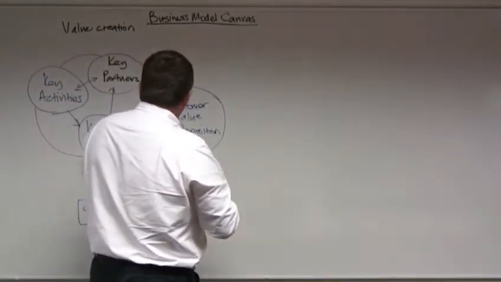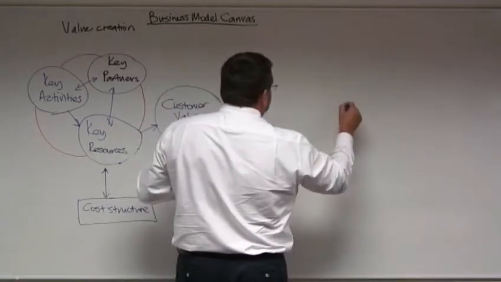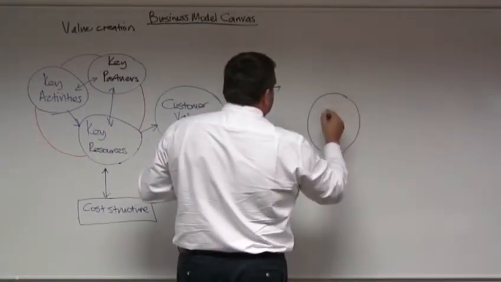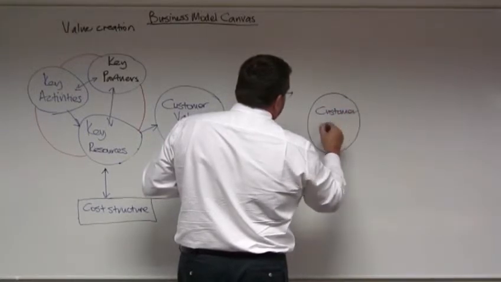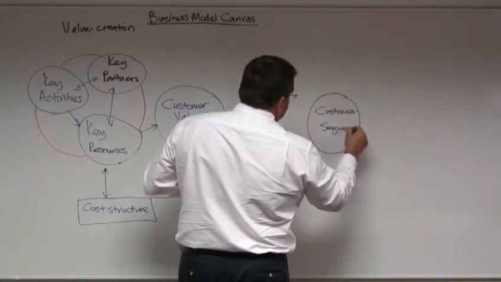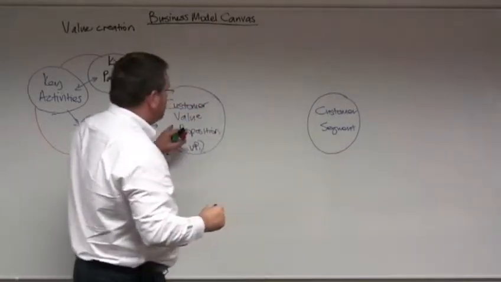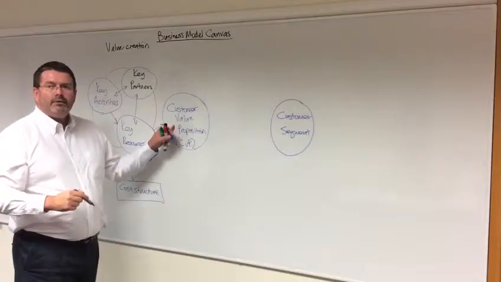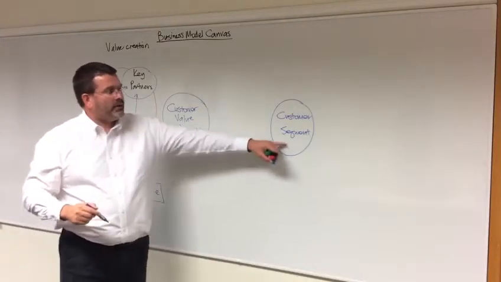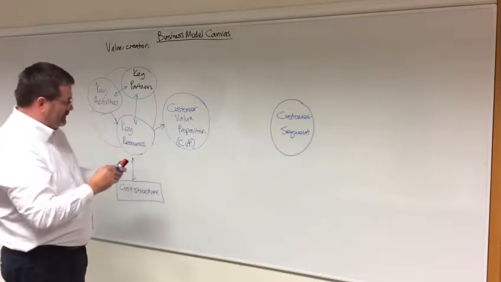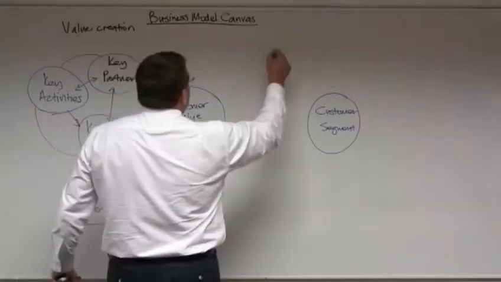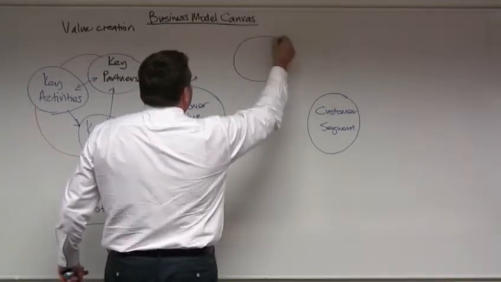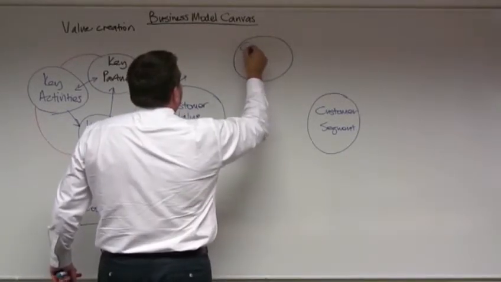What did he add? Well, one of the first things that we need to recognize is that we have this idea of customer, fairly critical. So whereas before we had the customer value proposition, we're now also talking about the customer segment. And Osterwalder added a couple of additional things which are quite important to us and to the customer.